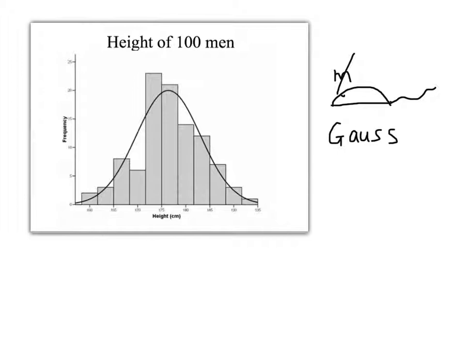So for example, if it was just 100 men, and we took the height of those men, then in the middle, you'll notice the frequency. There are a lot of men in this area, let's say from about 165 to 172. There are a lot of men in the middle of the bell. The frequency is much higher.